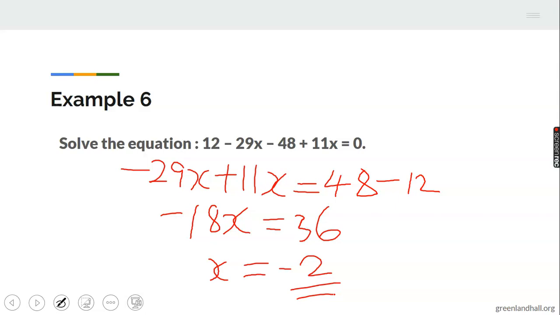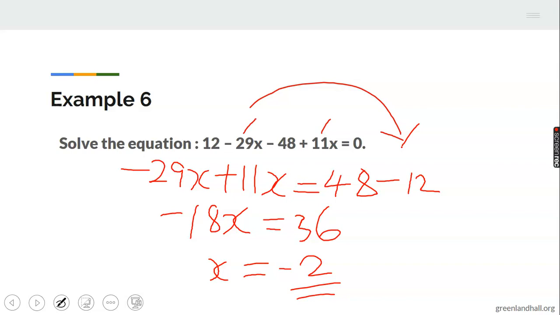It does not matter the way you arrange it. You might do your own and just transfer the ones with x, I mean this and this, to this side, and leave the ones without x on this side. It's your choice. But still, I know you will get the same thing.